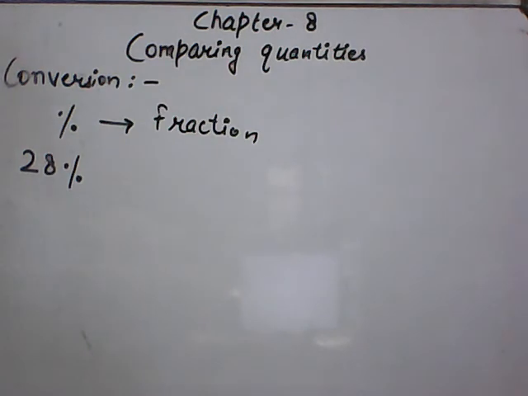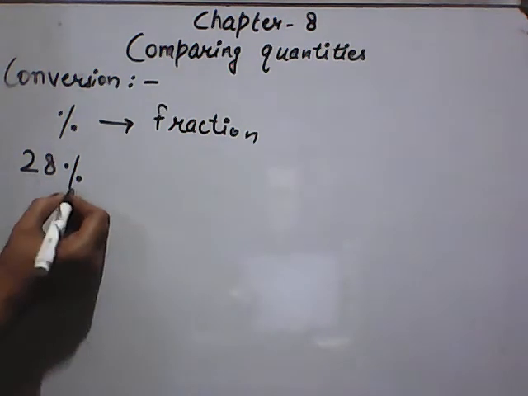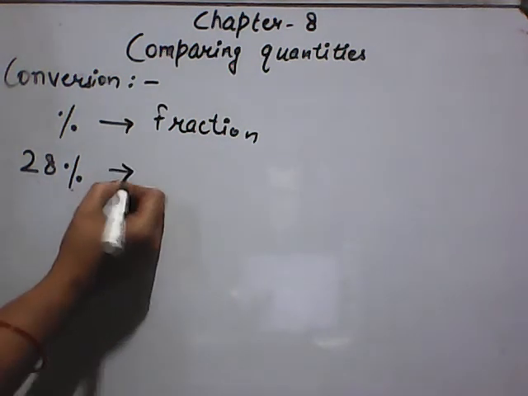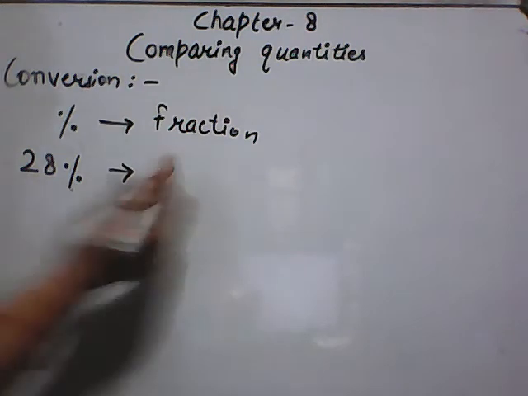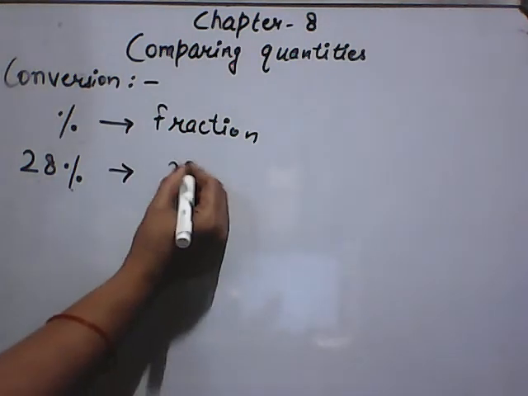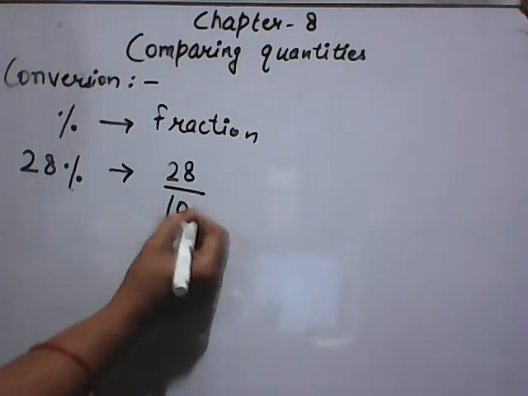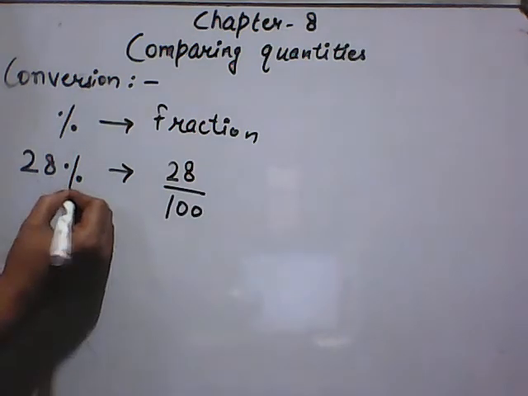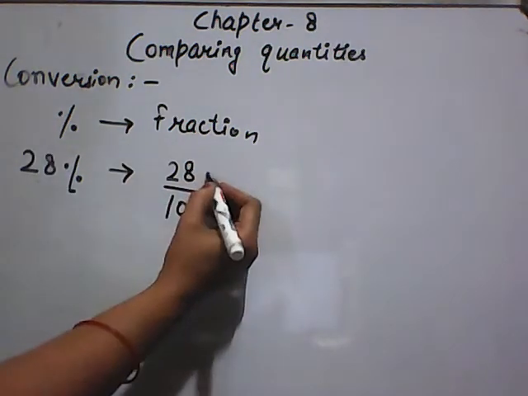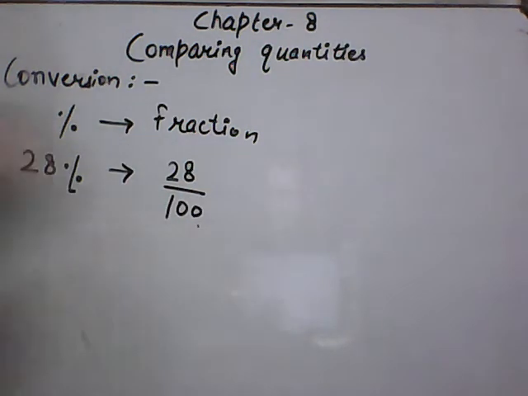Just divide the percentage by 100 and remove the percentage symbol. If there is need, you can reduce the fraction to its lowest form. For example, 28%. Divide this number by 100 and remove the percentage symbol. Now it is 28 by 100.